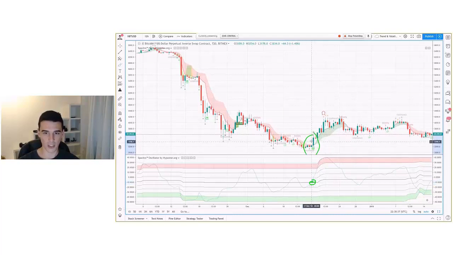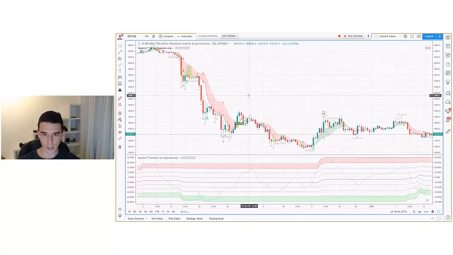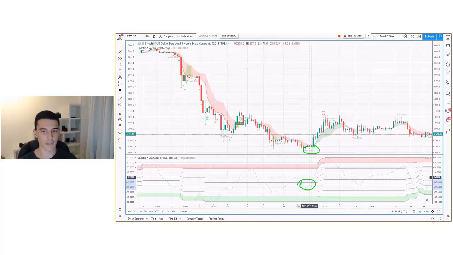And you have a warning. And you also have an alpha. If you're smart enough, the way I trade, remember, I didn't have the alerts, I just had the warnings. So look, I trade the first warning within the area I judge more likely to reverse, which is this one.